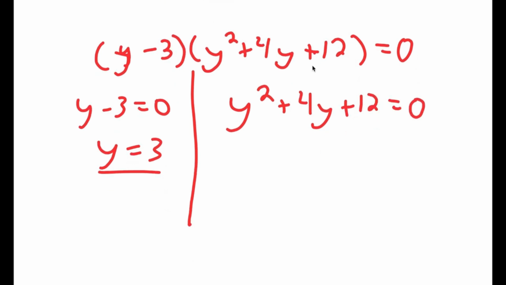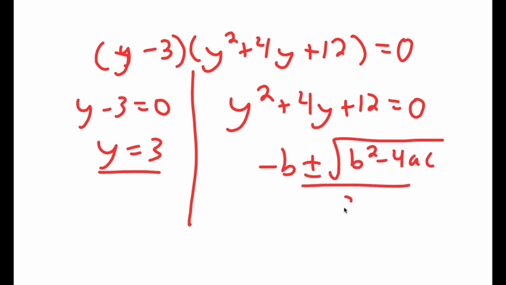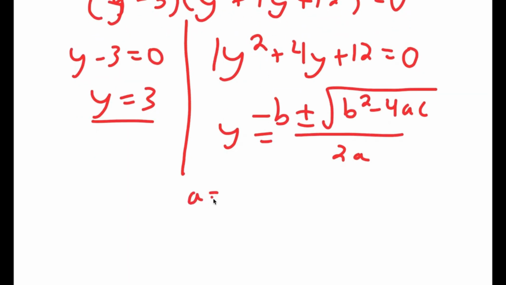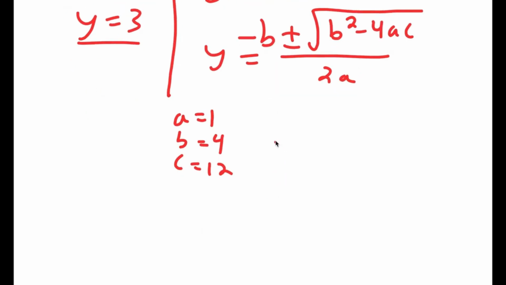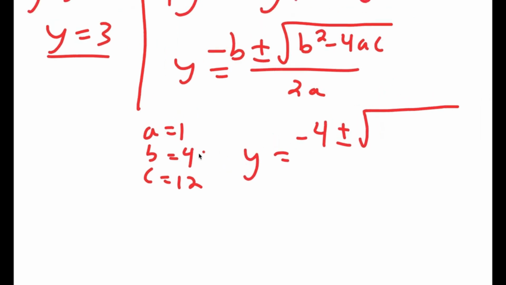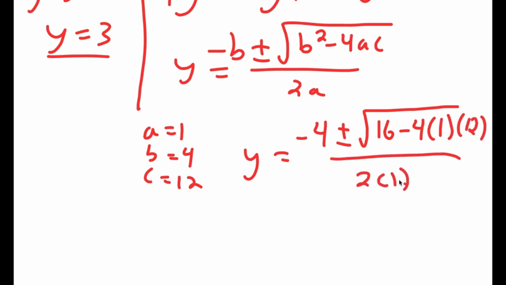To solve this, we have to use the quadratic formula, which is negative b plus or minus the square root of b squared minus 4ac all over 2a. In this case, a is 1, b is 4, and c is 12. So I get y is equal to negative 4 plus or minus the square root of b squared minus 4ac. b squared is 4 squared, which is 16, minus 4 times a, which is 1, times c, which is 12, all over 2a, so 2 times 1.